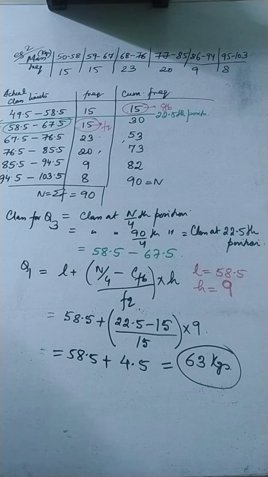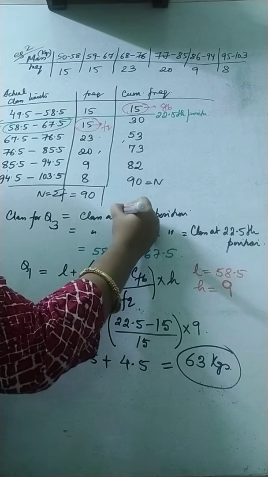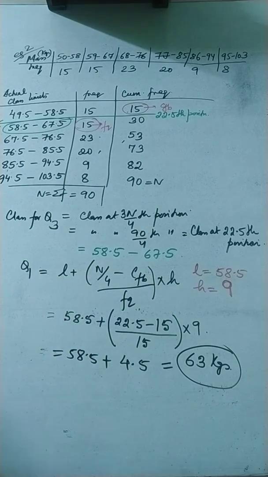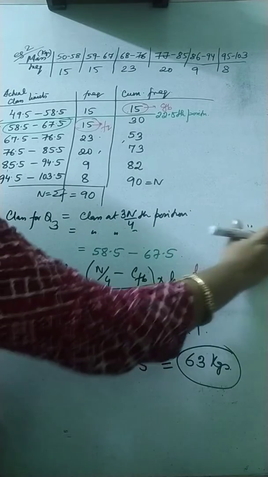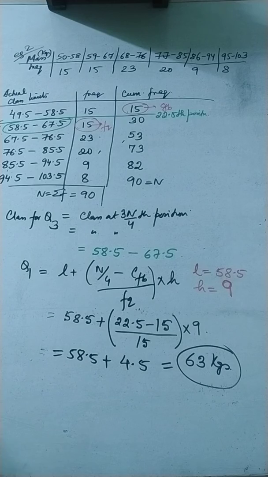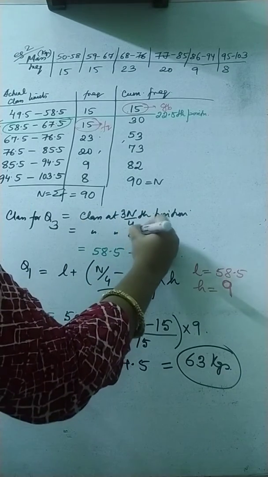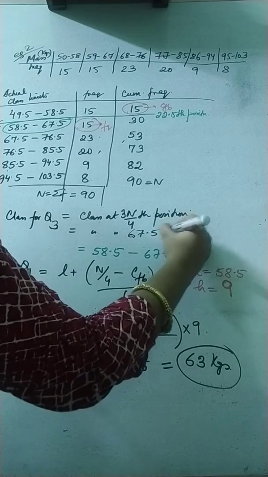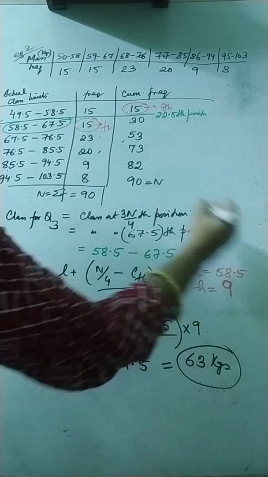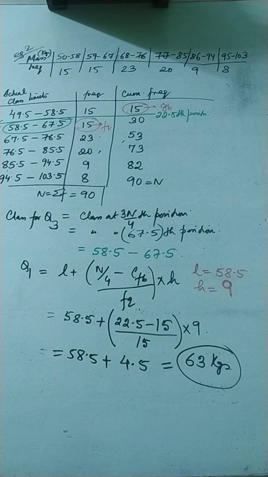Class for Q3 will be the class at 3n by 4th position. 3n by 4th position means 90 into 3, or you can do 3 into 22.5th position. That means how much will it give you? 3 into 22.5, I think it will give you 67.5th position. 67.5th position, that means it is, where is it?